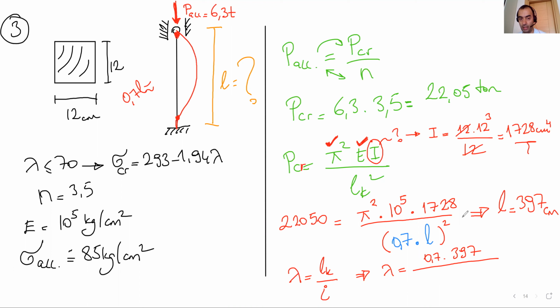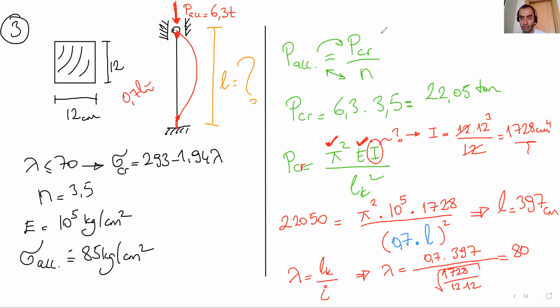This is I over area, and i is the square root of this equation. If we do this calculation, lambda here is 80.